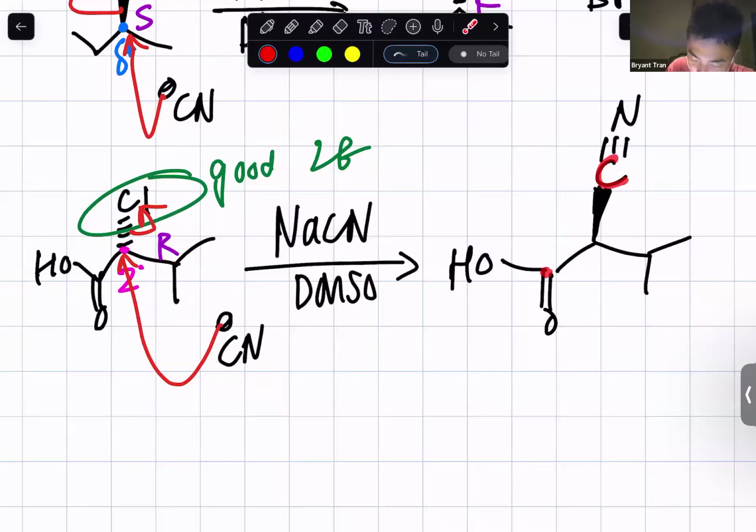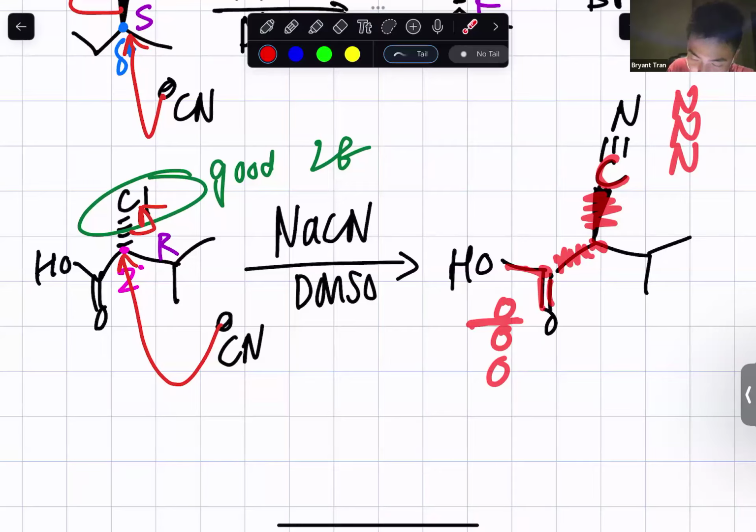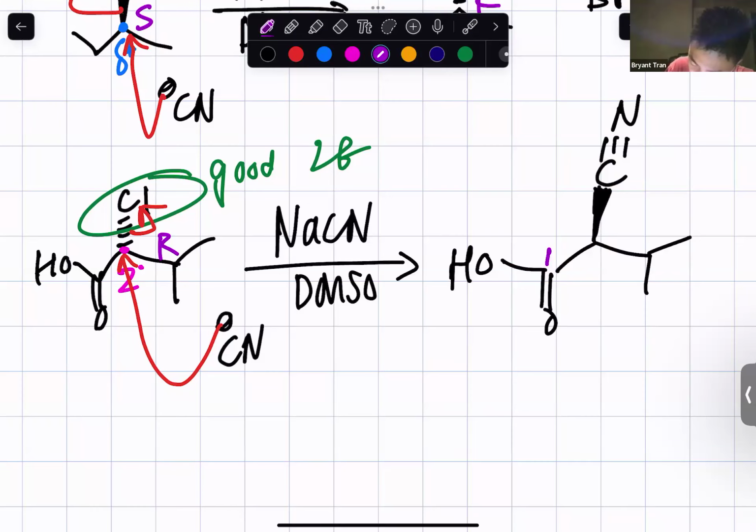Then we look at what's attached to these carbons that is not the chiral center. This carbon here is attached to the nitrogen 3 times. This carbon here is attached to the oxygen 3 times, right? 1, 2, 3. Now, what has a higher atomic number, oxygen or nitrogen? Oxygen, right? Oxygen has a higher atomic number, which will make this the number 1 priority, this one number 2, this one number 3.